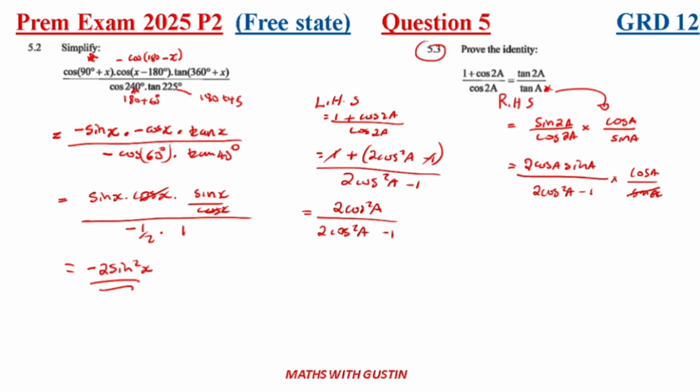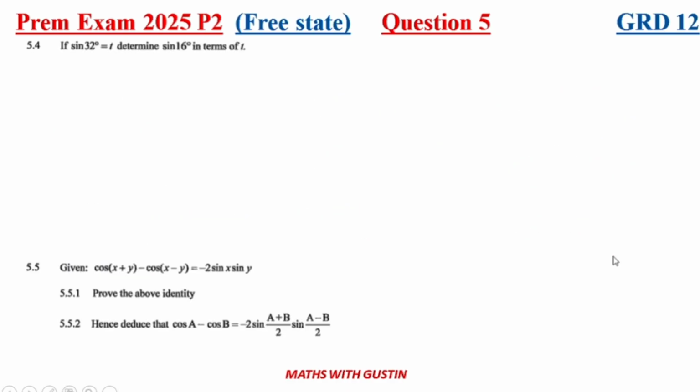Therefore this sine here should cancel out with the sine there. Therefore you're going to be left with 2 cos squared a all over 2 cos squared a minus 1.